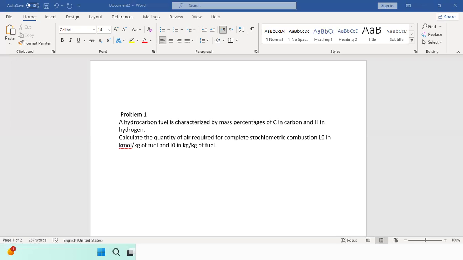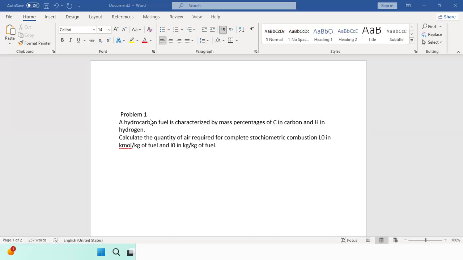In the first problem, we'll consider any hydrocarbon in general. So if you take any hydrocarbon in general, it's composed of two main elements, which are the carbon, C, and H. Okay.